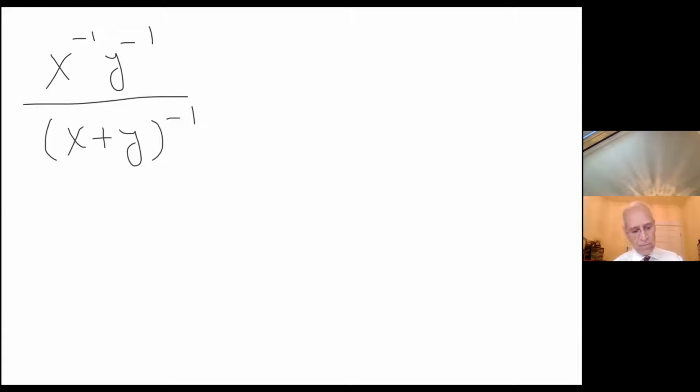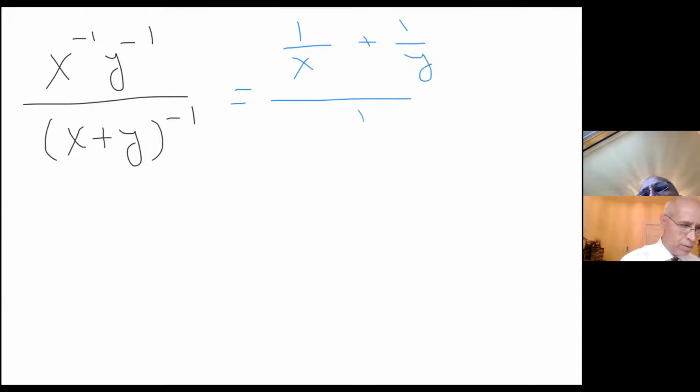Okay. So the first thing that I'm going to do, I'm going to rewrite this. X to the negative 1 is the same as 1 over x. Y to the negative 1 is 1 over y, all over 1 over x plus y.